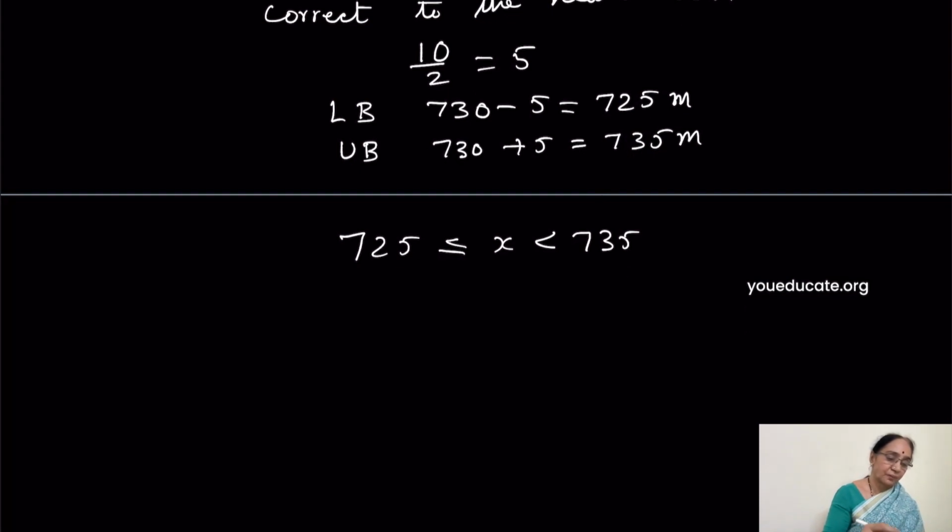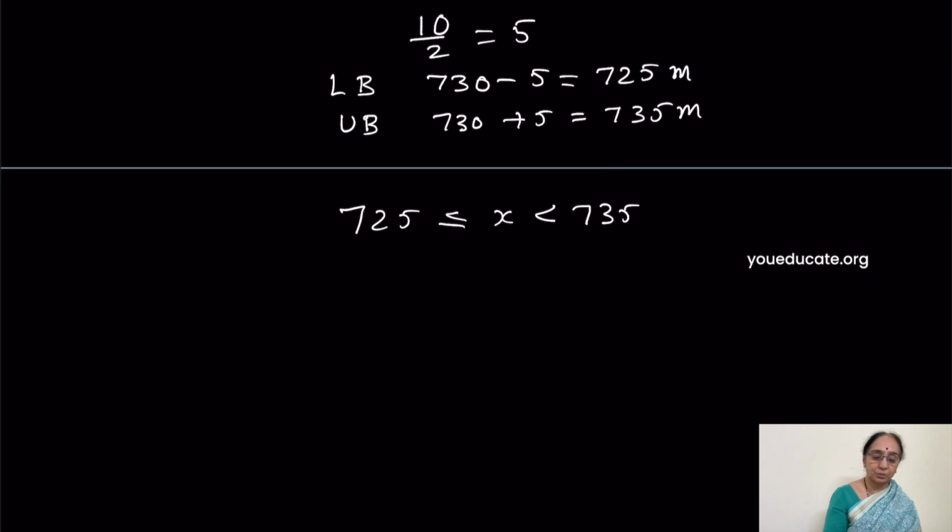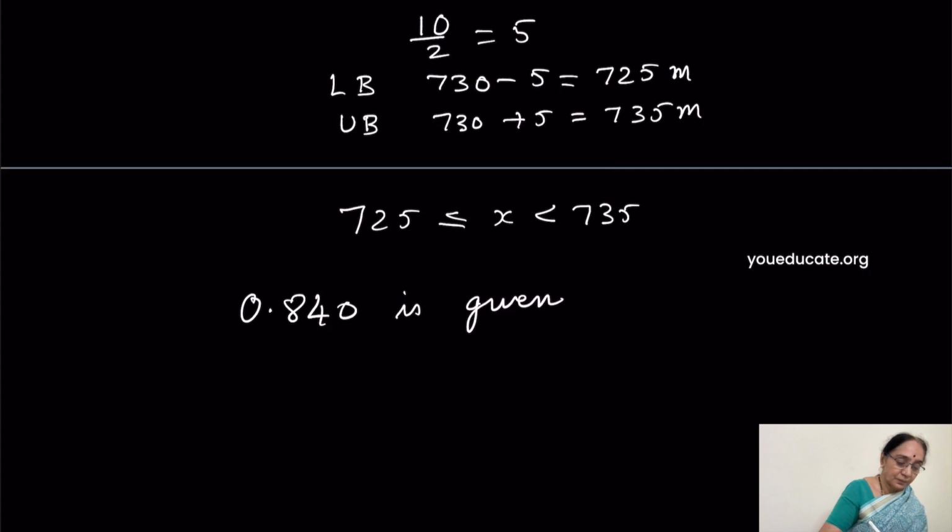Now, instead of giving nearest 10, nearest whole number, correct to 1 decimal point, correct to 2 decimal points, they say correct to 1 significant figure, 2 significant figures. Then you need to be a little careful. Say, for example, 0.840 is given, correct to 2 significant figures.